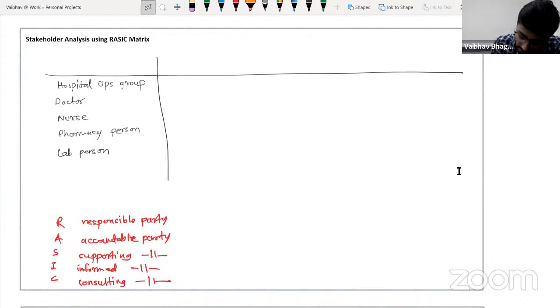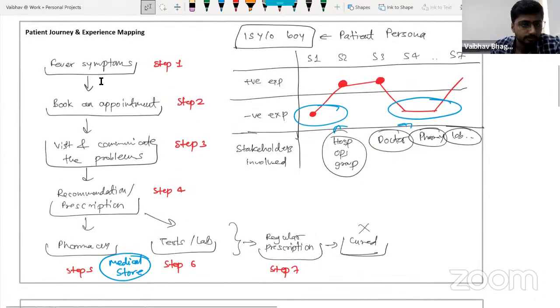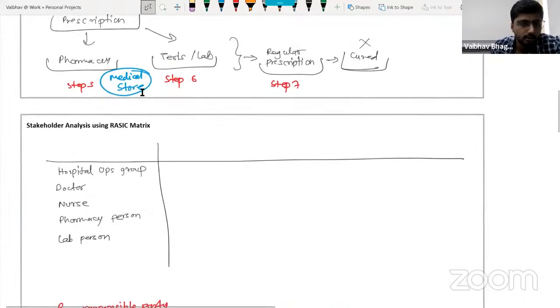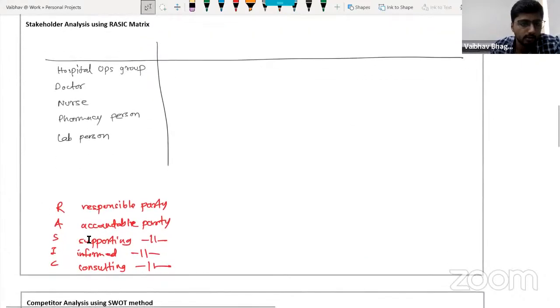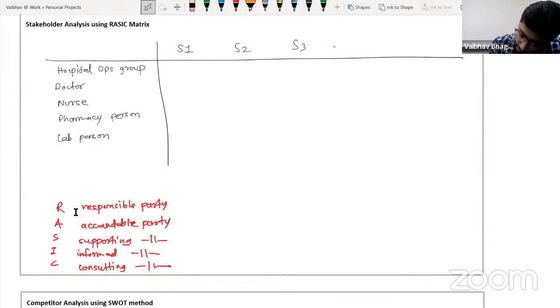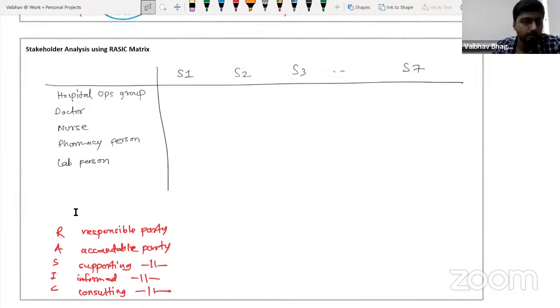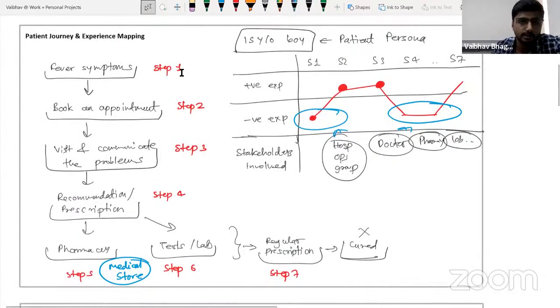So again, coming back to those steps, out of these steps, we are going to just write down who is responsible and accountable and these things for the respective steps. So let's say for step number 1, these stakeholders are not directly involved.